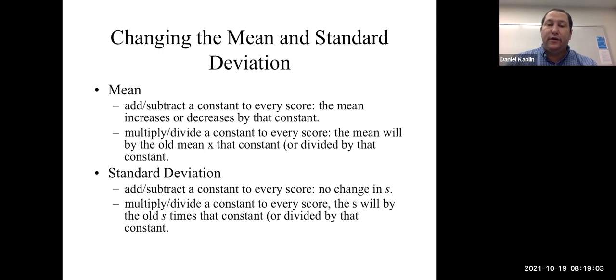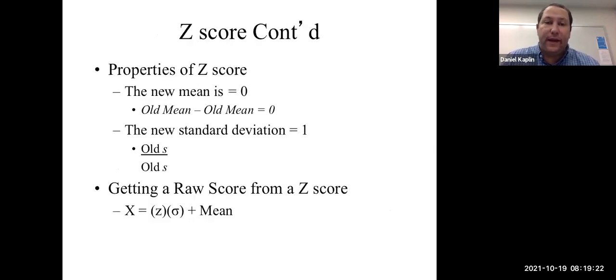If you multiply or divide by a constant, the mean will be a multiple or a dividend of that constant. Whereas with the standard deviation, if you add or subtract to every score, the standard deviation does not change. But if you multiply or divide, then it will impact it.